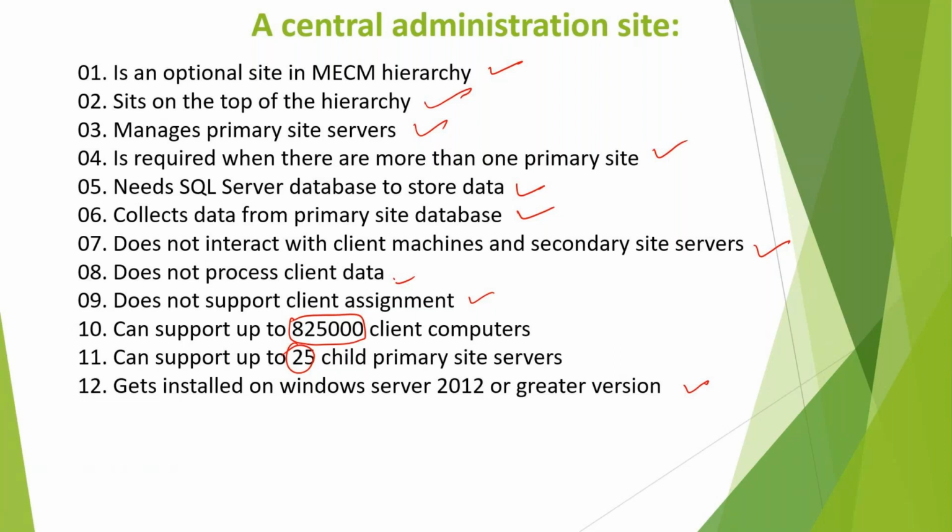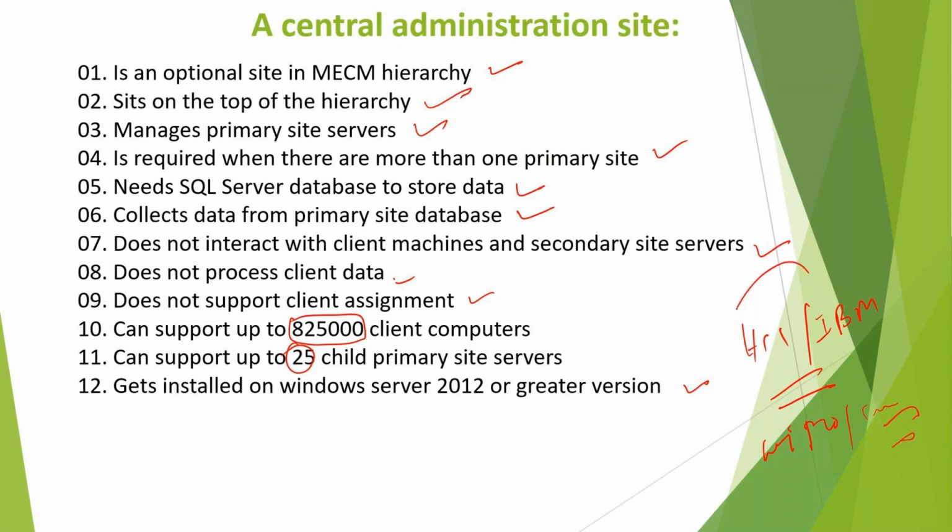So you will not find central generally. Suppose you join any company, generally you will not find a central administration site server. Generally, the central administration site server is installed in big organizations like HCL, then IBM, right? Then there are multiple organizations like Wipro, then we have Cognizant, right?